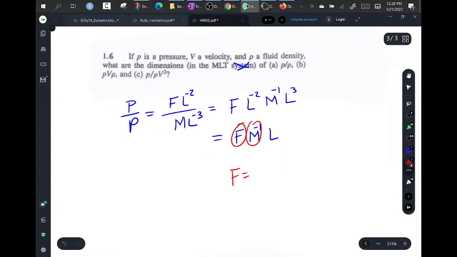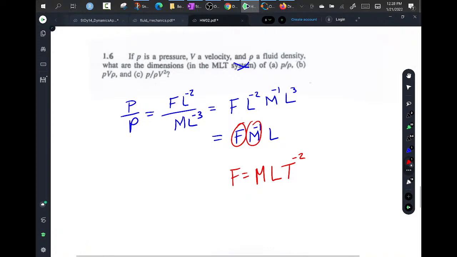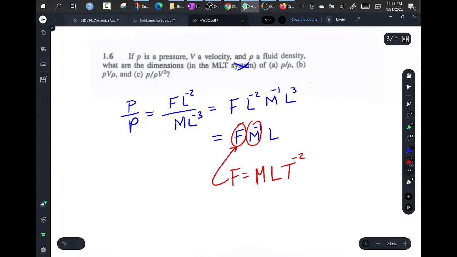F is equal to MA. Acceleration is length, this is acceleration, feet per second squared, for example. Now I'm going to move the M over. Well, wait a second, I want it in the MLT system. So in other words, I take this and put it right here.